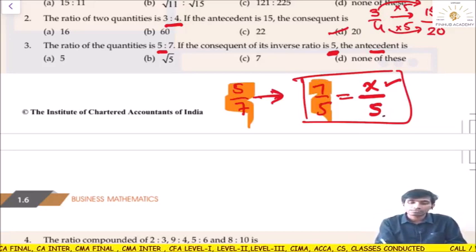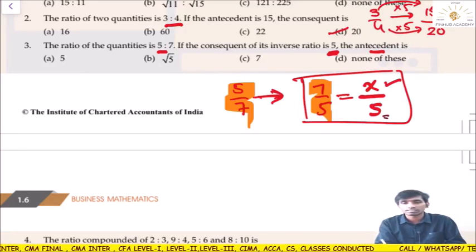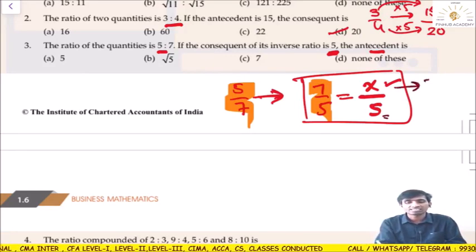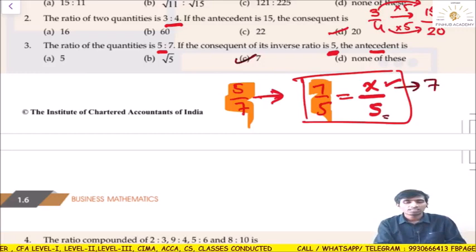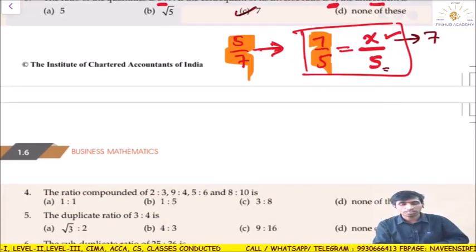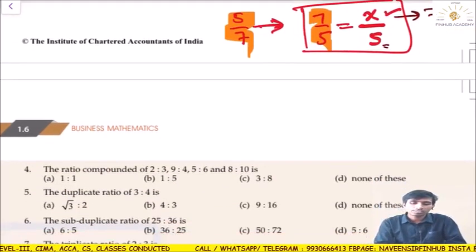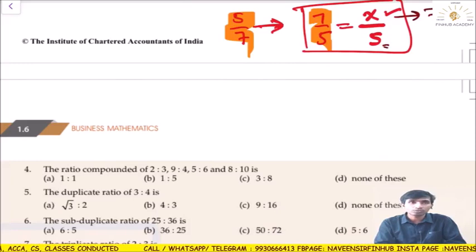If I inverse to 7/5, and I want the consequent to be 5, what should I have in the numerator? 7, no? Easy, done. Understood, nothing to worry. Please keep on copying. I'm going a bit fast, is it?